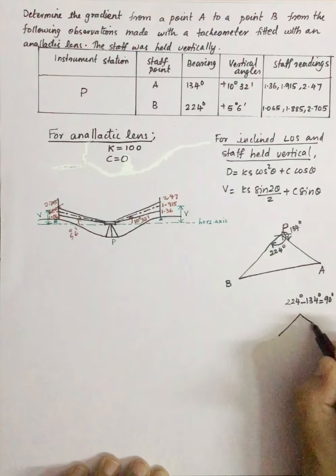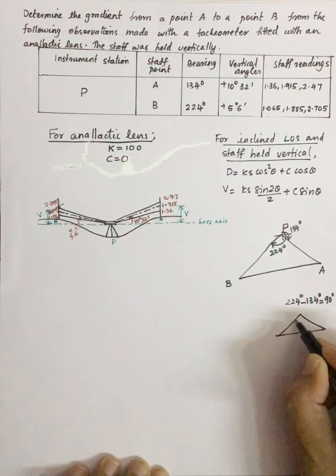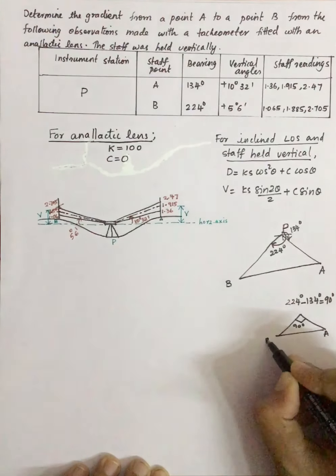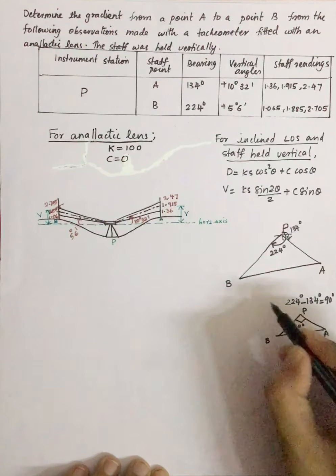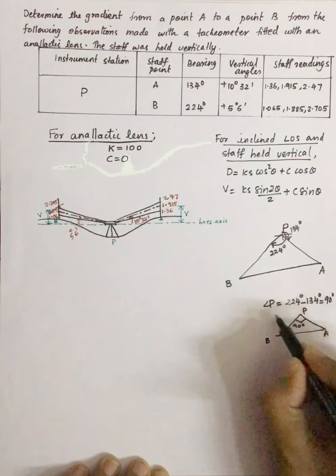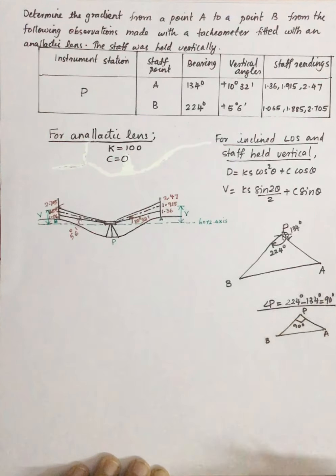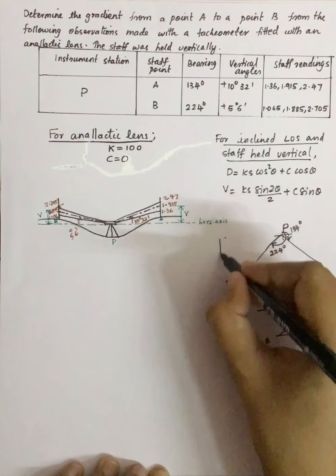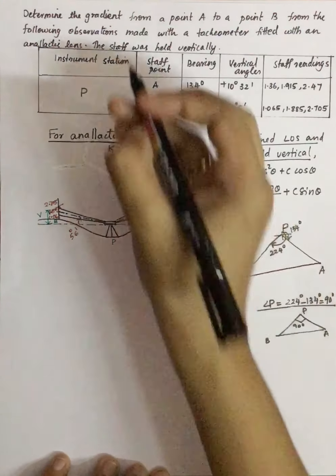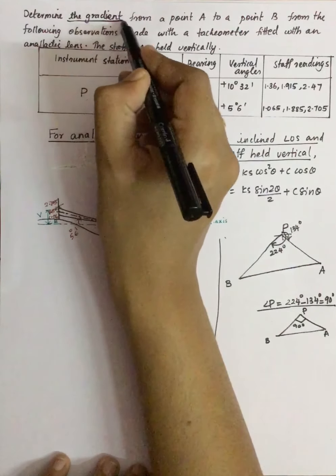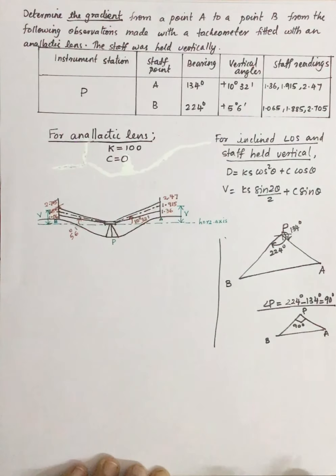So angle P is 90 degree. Okay, so keep this in mind. We need this to calculate the gradient. In the question they asked to find the gradient.